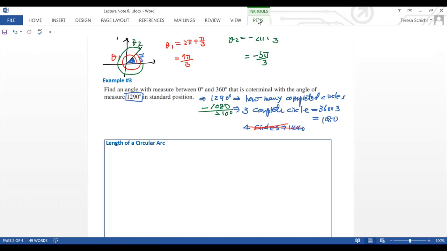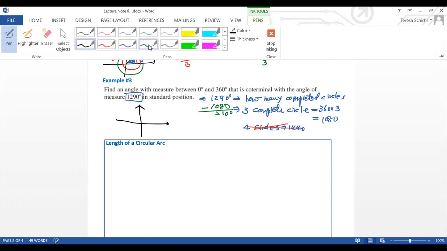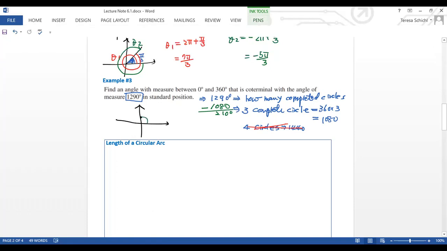Okay, so let's see what that means here. That means I'm going 1 circle, 2 circles, then 3 circles. After 3 circles, I still have 210.